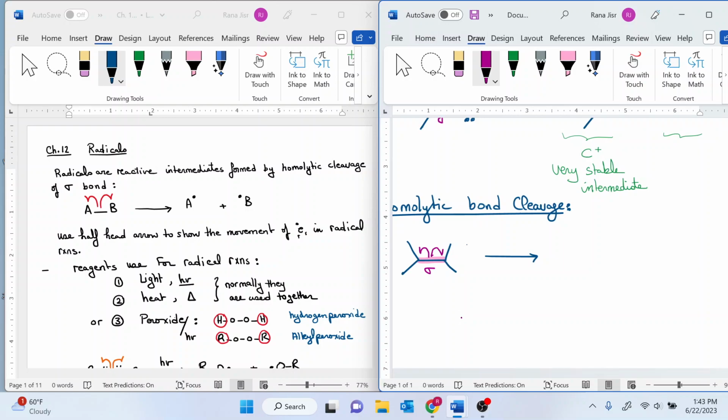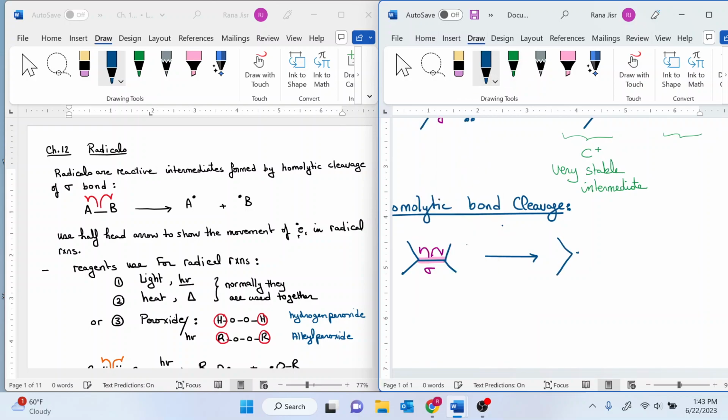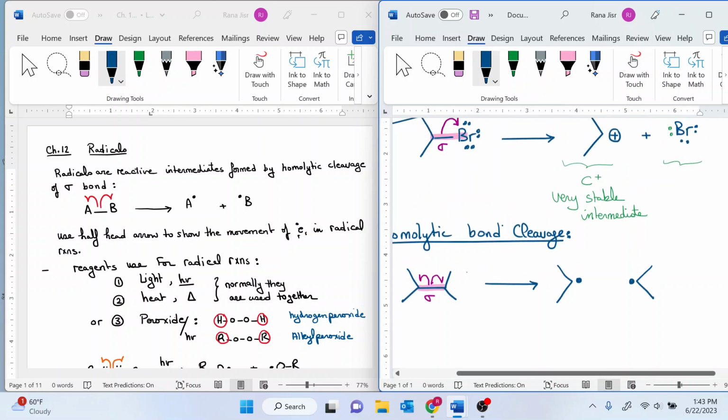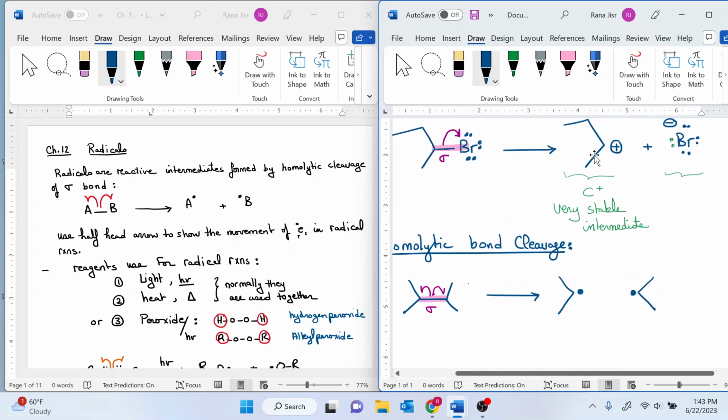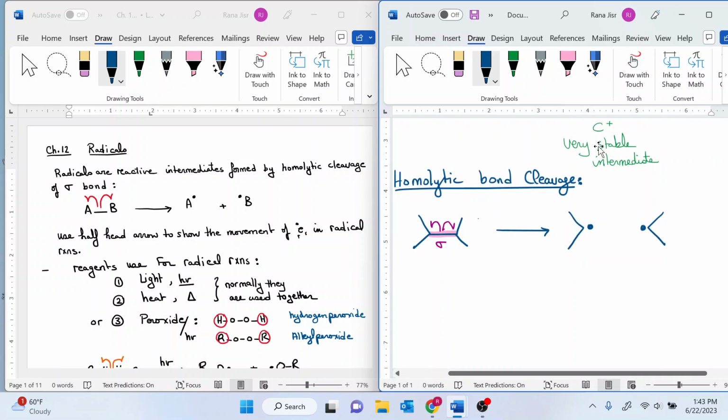In this case, I end up with another intermediate, a radical intermediate. My point is that with homolytic bond cleavage, you can never get a carbocation. Carbocations are not the intermediates for homolytic bond cleavage. Our intermediates are called free radicals.